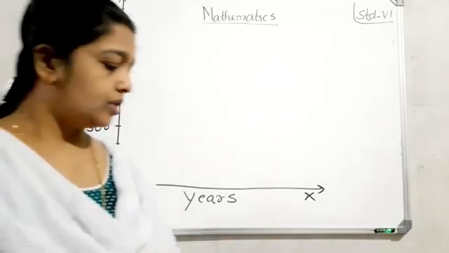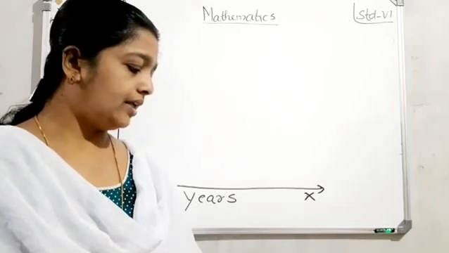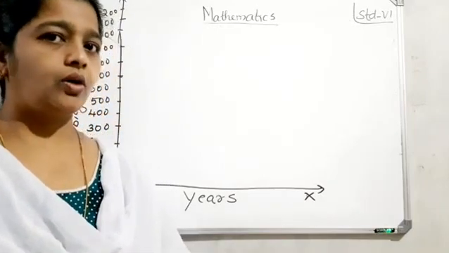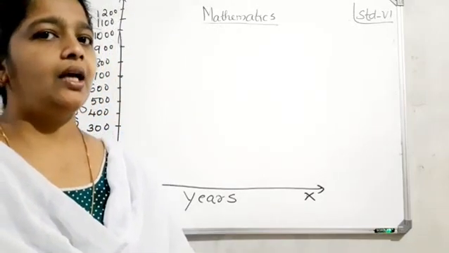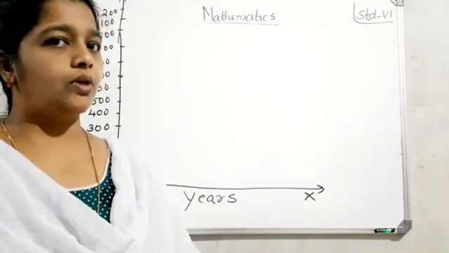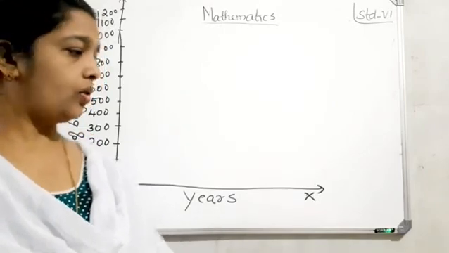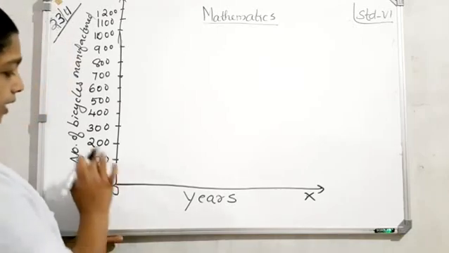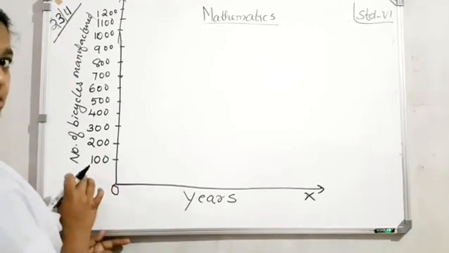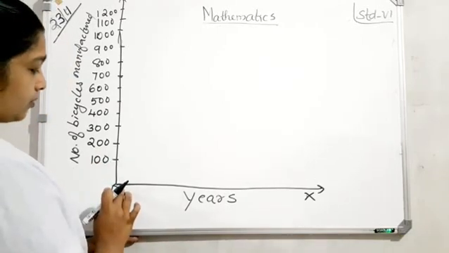Understand? So first one, 1998, 800. In your graph paper, last day I discussed how you can draw the graph: avoid some portion first down and up, then you can start from here.